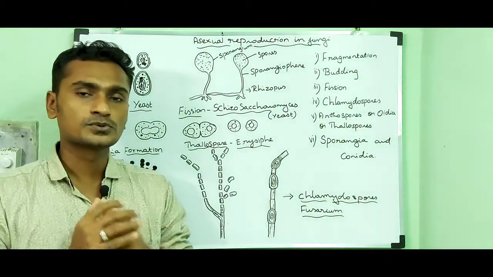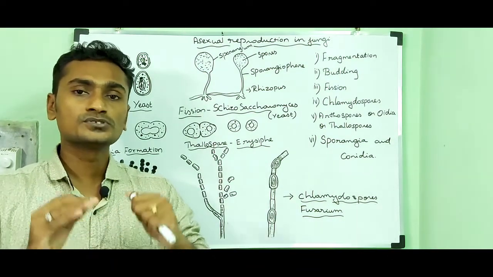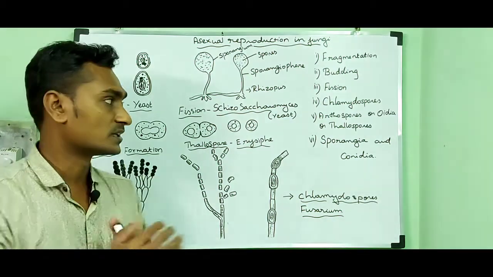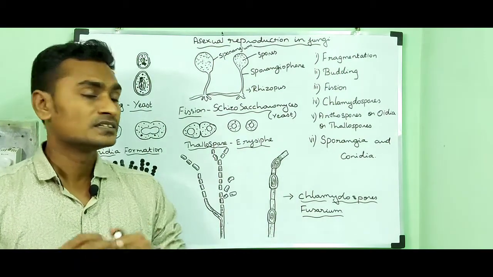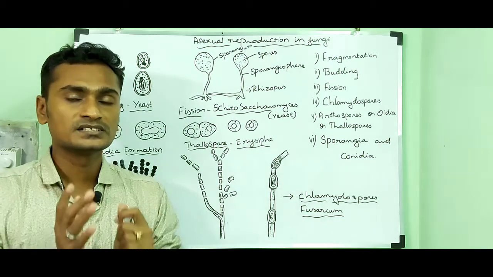Then the next method is called chlamydospores. The chlamydospores are thick-walled resting spores produced during unfavorable or adverse conditions. These structures are formed by a thick wall around the cells.